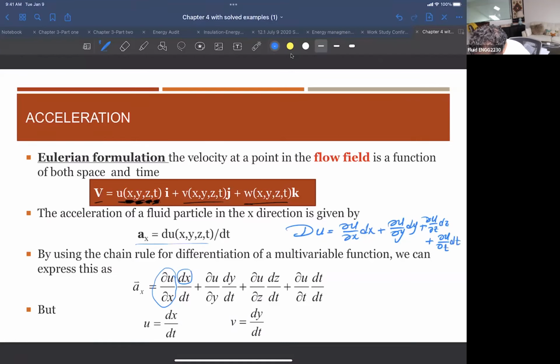When I get du by dt, basically I am dividing this whole equation by dt, or applying the operator in the denominator.